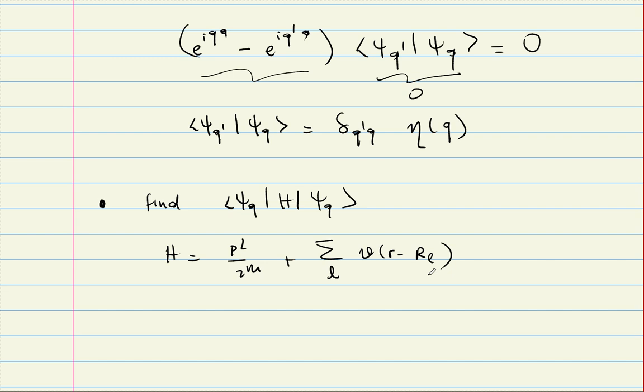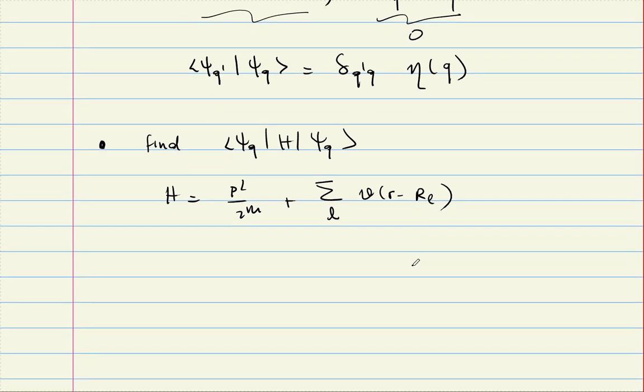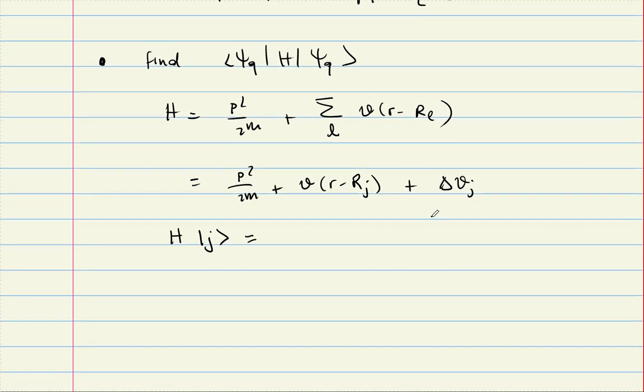Something like that. But I want to act this function on a given site. I want to find H times J. And to do that, I want to take the terms that depend on site J. This is going to be p squared over 2m plus V of r minus R j plus delta V of J. And this delta V of J is everything that remains here, right? I just took out the site J components.